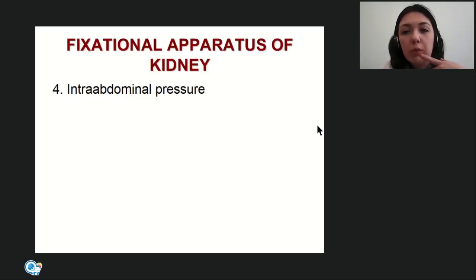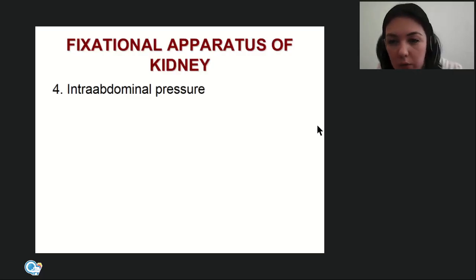It's not even compulsory pathology. For example, pregnancy: the uterus was very big, it compressed all the tissues in the abdominal cavity and also kidney. After the delivery, kidneys also can descend.